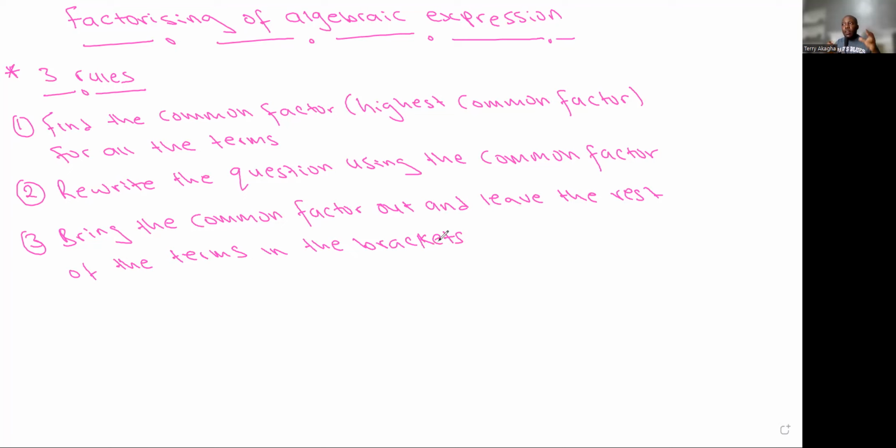So the first thing, you get a common factor, you rewrite the question, you bring all the common factors out, and you leave the rest of the terms in the bracket.